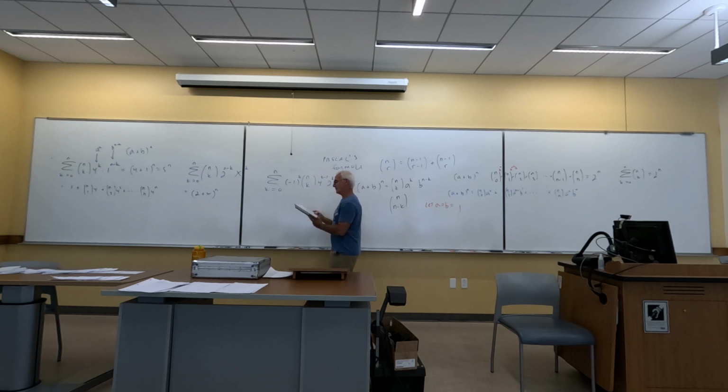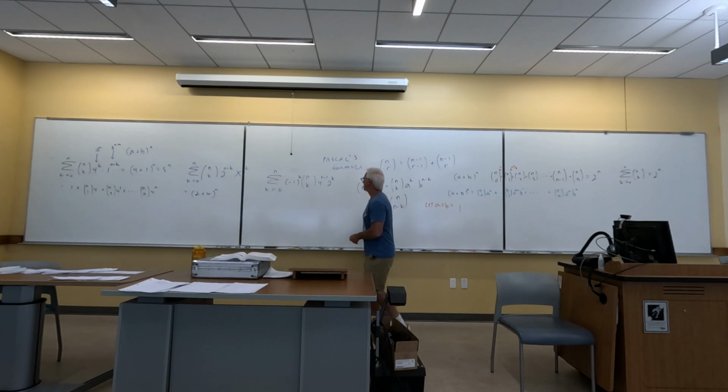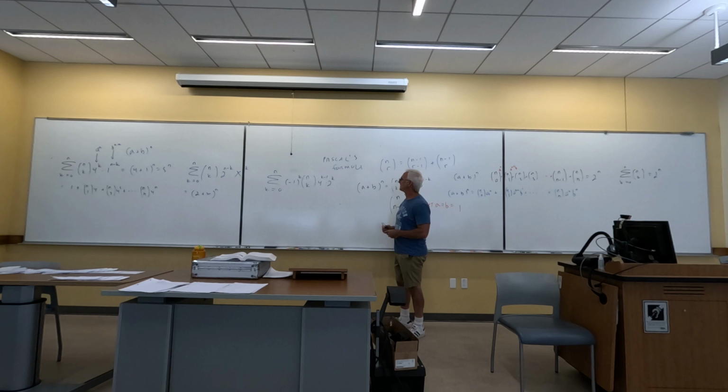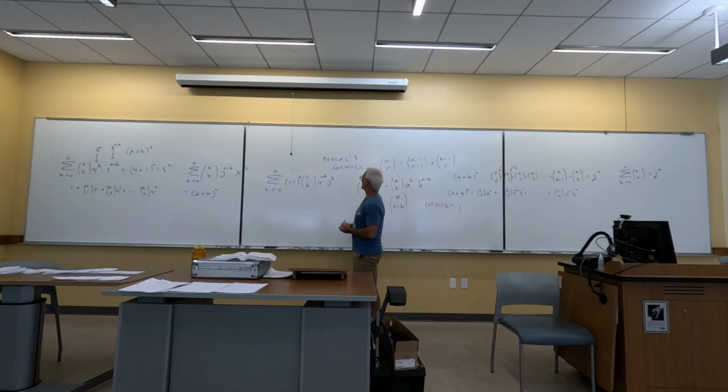Now, this is tough. Sorry, I can't read my own writing. This is n minus k. My bad. I can't read my own writing. 4 to the n minus k, 2 to the k.